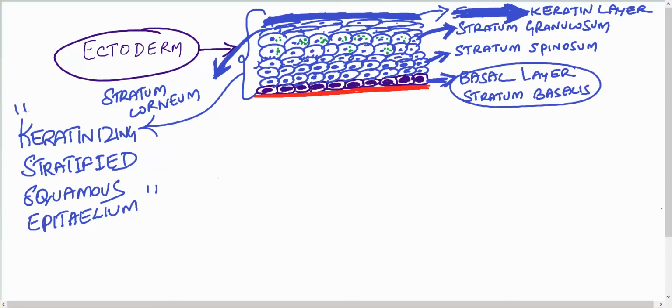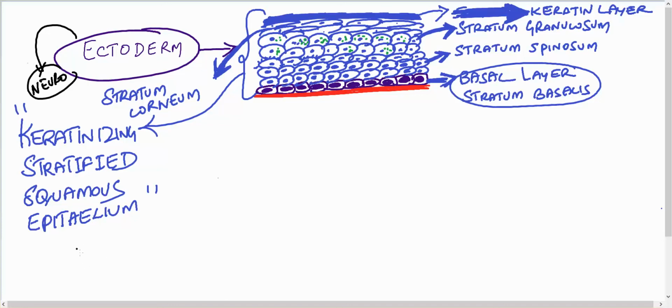So this whole layer of cells comes from the ectoderm, and you all know that from the ectoderm the neuroectoderm comes. From the neuroectoderm the brain and central nervous system are formed.